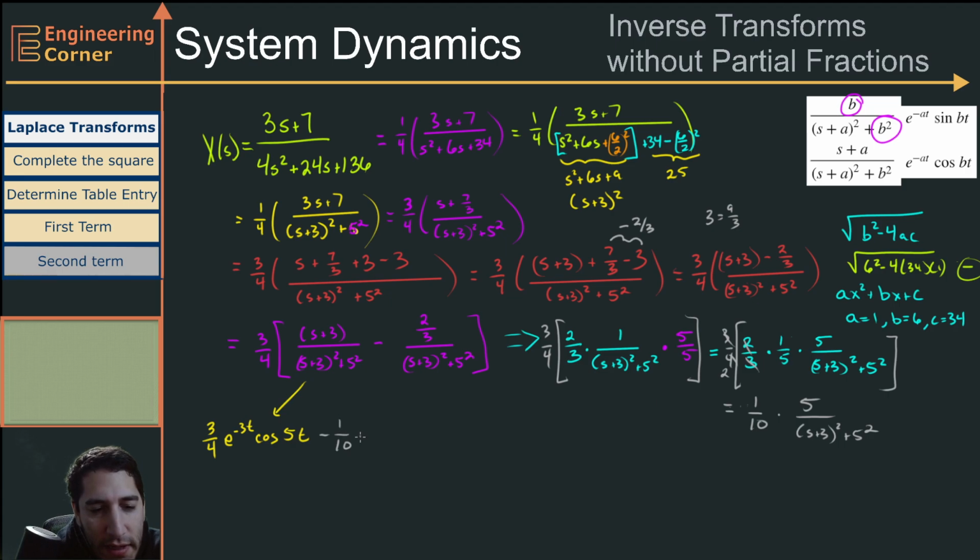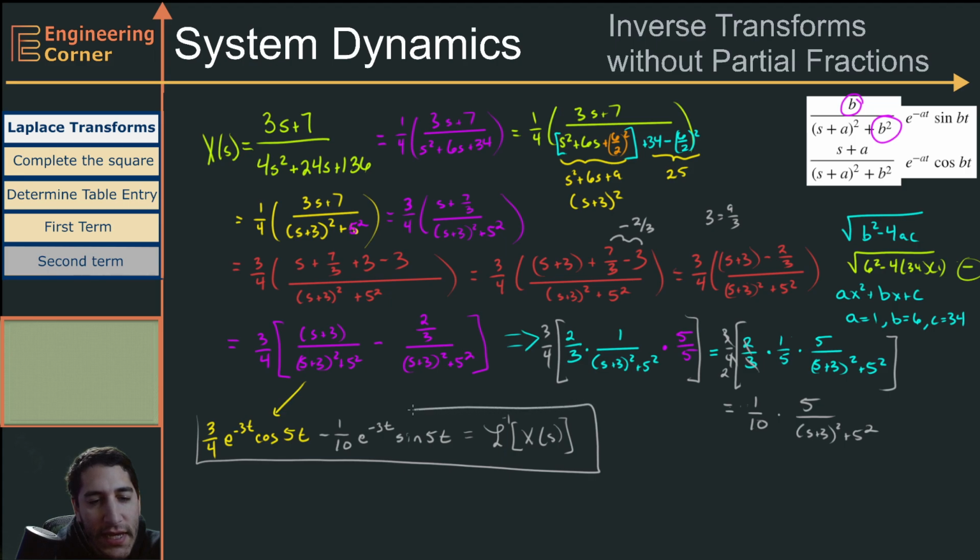And this is going to be times e to the minus 3t sine of 5t. So this is my inverse Laplace transform of this X of s that I have right here. So this is my answer.